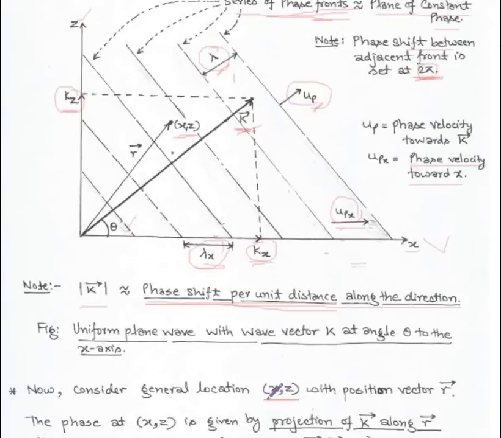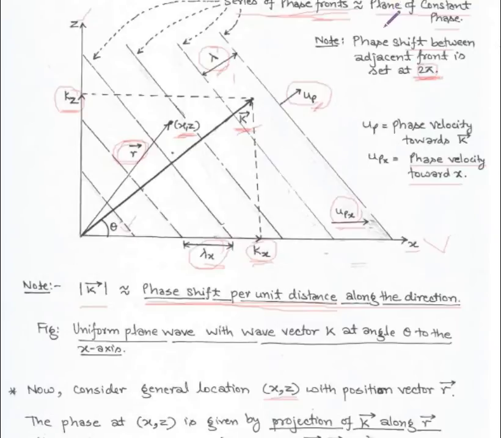So here we consider a general location which has a position vector small r vector, and this position vector has a location x, z, because this point is on the xz plane, so its point is x comma z, and this position is located on a phase front. Phase front is a plane of constant phase.